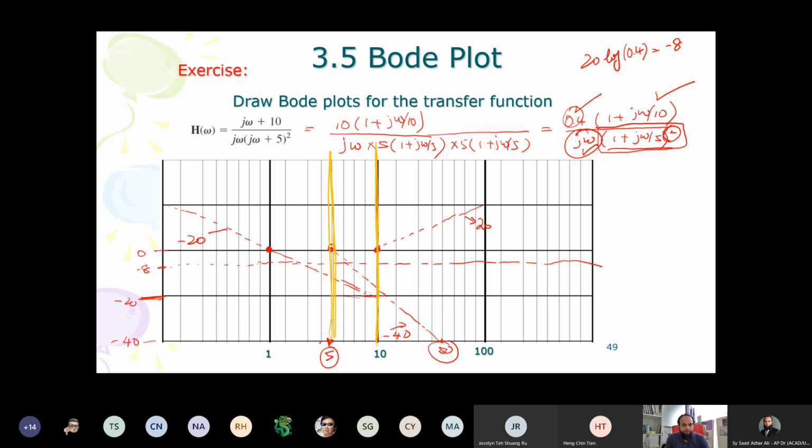What will be the resultant? It's not -20, it's coming from 20 something. So 20 minus 8 will be 12. So initially we'll start at 12, somewhere around maybe here.